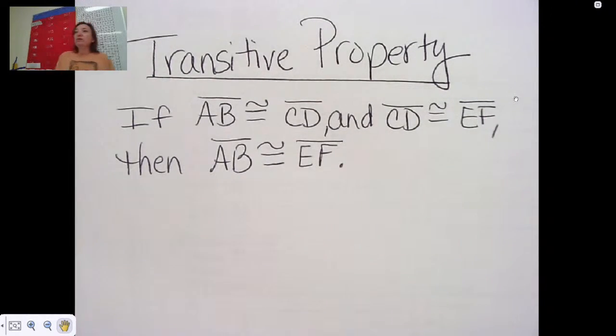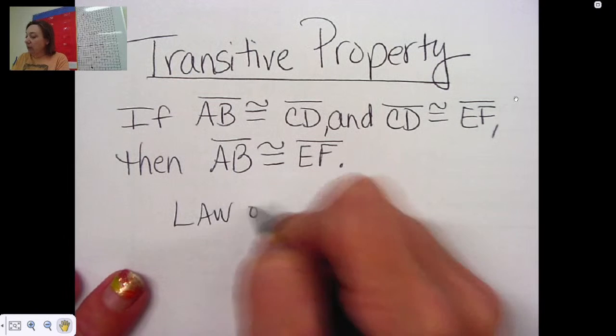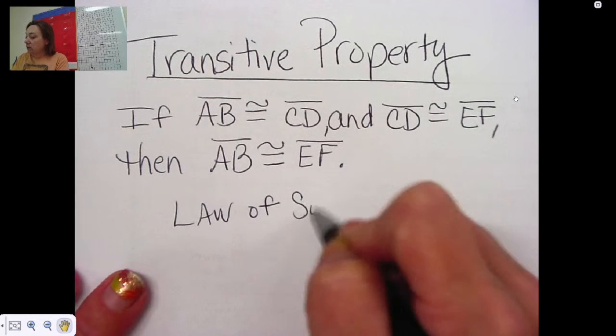Does that look familiar to you? Looks a whole lot like the law of syllogism we did yesterday, doesn't it? The law of syllogism is a type of reasoning. The transitive property is the property that we cite if we use that law of reasoning. So if you put law of syllogism, I'd be okay with that because it is the same thing. So the transitive property is basically just the property that describes the law of syllogism.